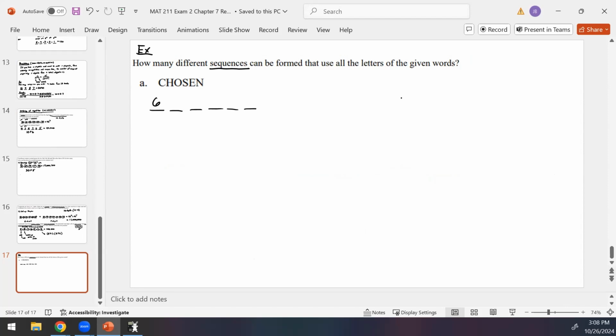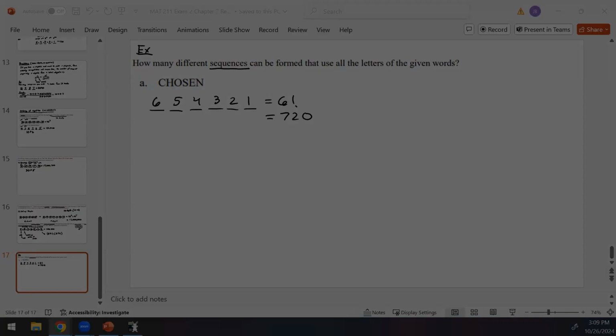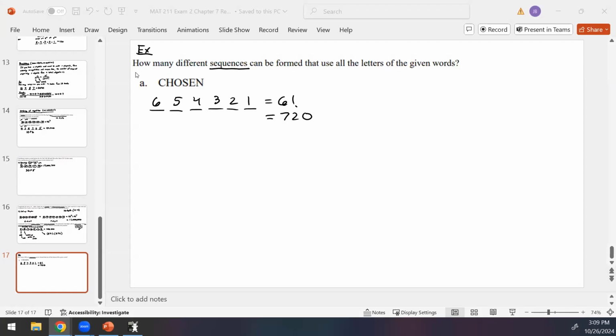Well, I have 6. And then I can't use it again. 4, 3, 2, 1. So that's just 6 factorial. And if you do 6 factorial, 720, right? Just like that. Now, I didn't say it has to make up a word in English. It just has to be a sequence of letters. Okay, that's all. The next one, on the other hand, does cause an issue because there's repeated letters.